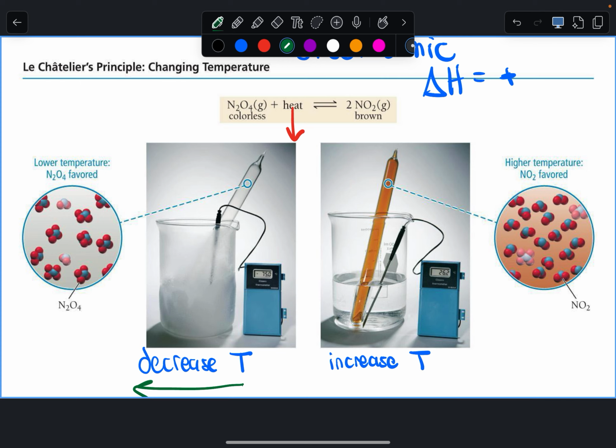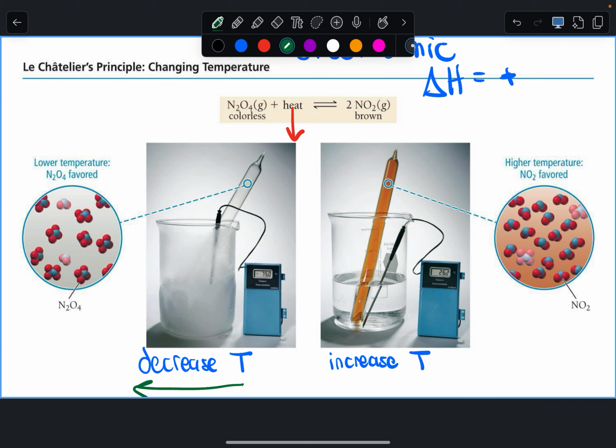And in this particular example, the N2O4 gas is colorless and the NO2 gas is brown. So when you have this system in equilibrium and you drop the temperature, now I don't know exactly what color it is at equilibrium. It's probably some pale brown and it just gets darker or lighter depending on the temperature. But if you decrease the temperature, it shifts towards the reactants, and so you get more of the colorless gas.